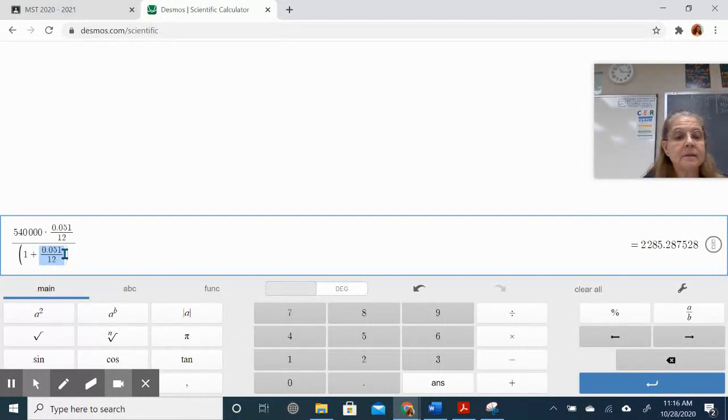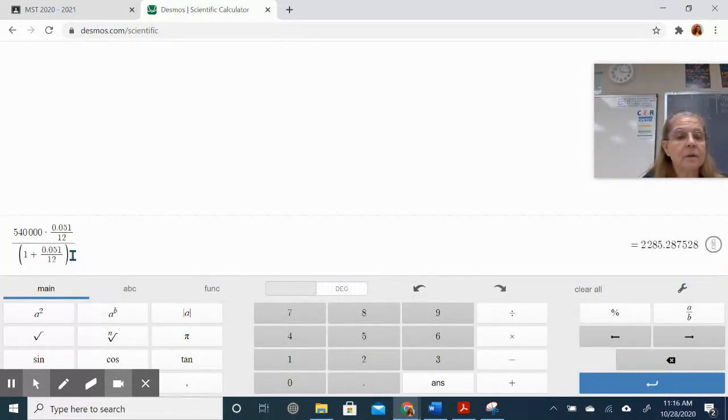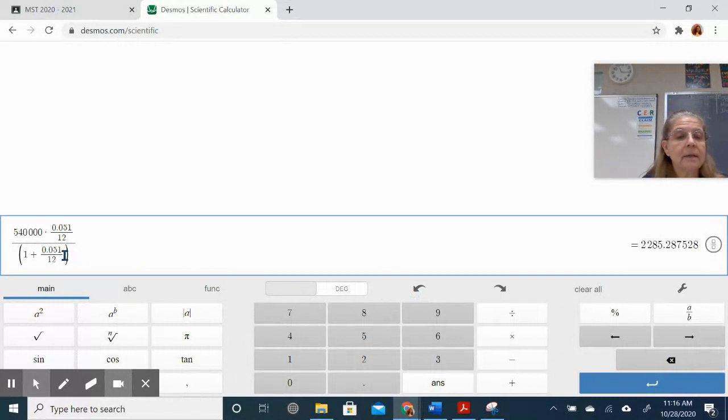So this gets raised to an, whoops, I do not want to do that. Undo. I need another set of parentheses inside.